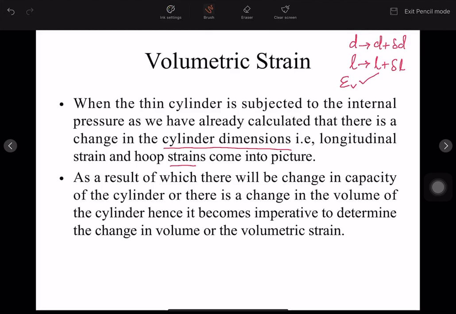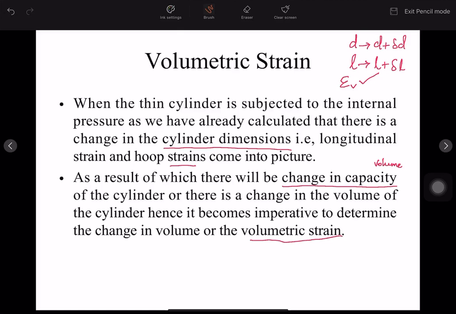As a result, there will be a change in the capacity of the cylinder, which is nothing but volume. Hence it becomes imperative to determine the change in volume or the volumetric strain.